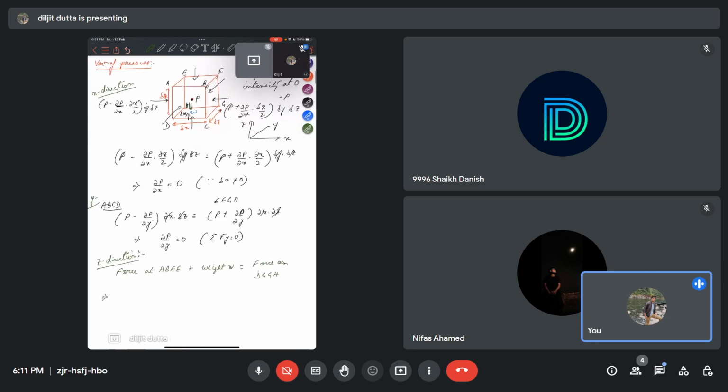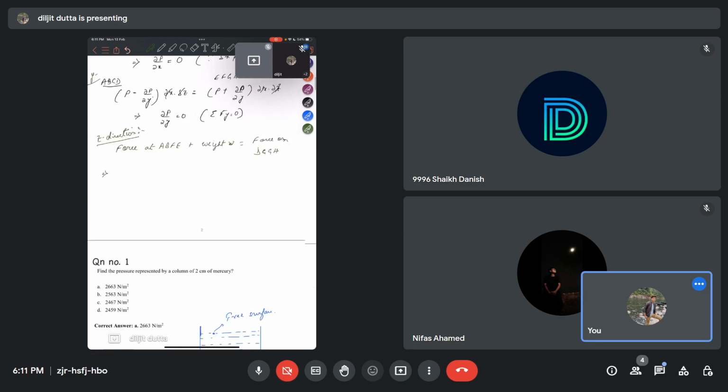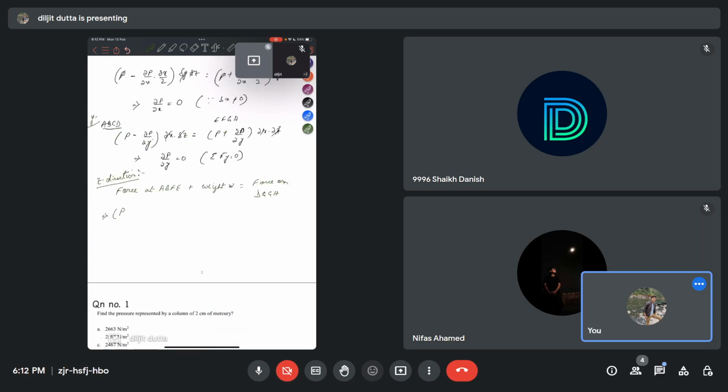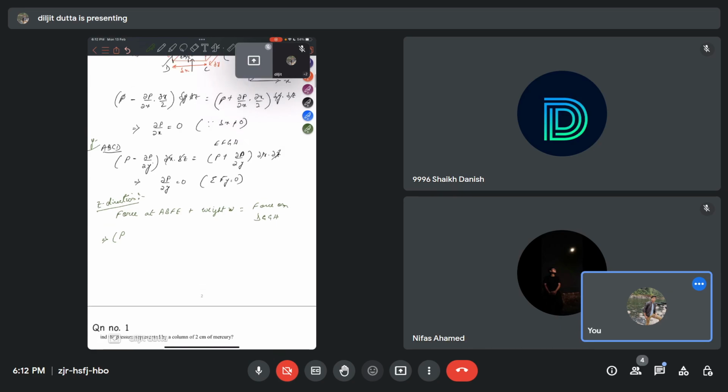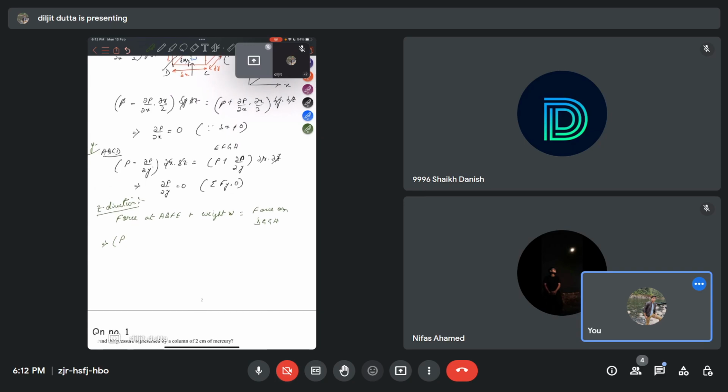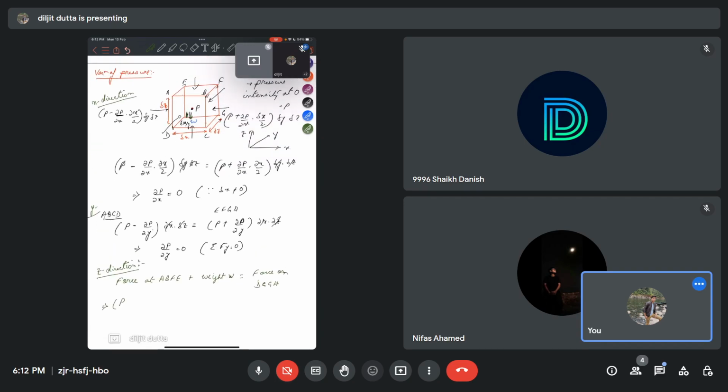So pressure at ABFE will be P minus... Okay, so we are taking Z upwards as positive, so we'll be taking positive pressure in the upward direction.